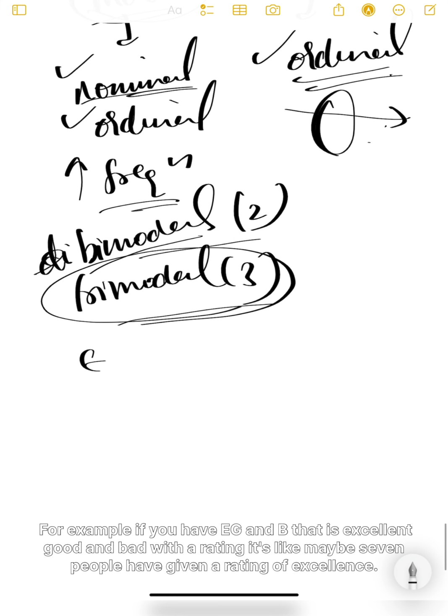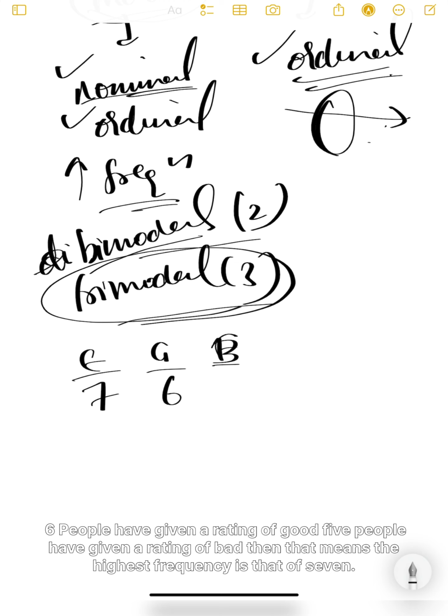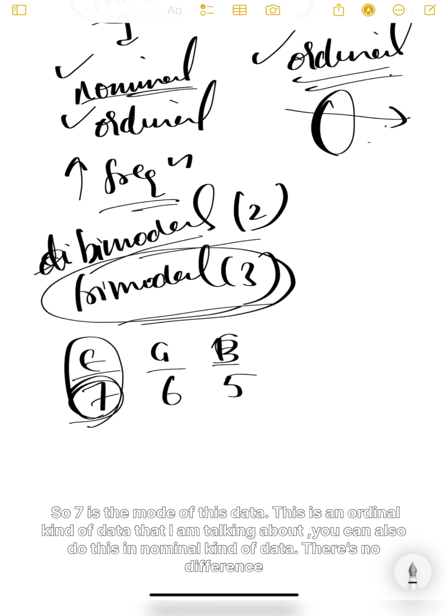For example, if you have E, G, and B, that is excellent, good, and bad, and maybe seven people have given a rating of excellent, six people good, five people bad, then the highest frequency is 7. So excellent is the mode of this data.